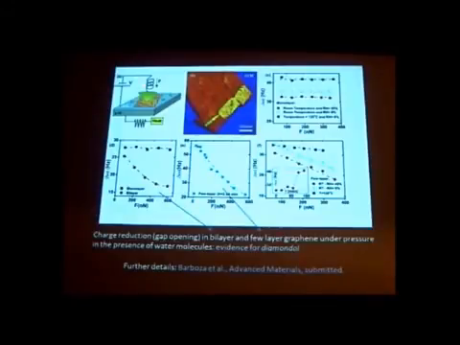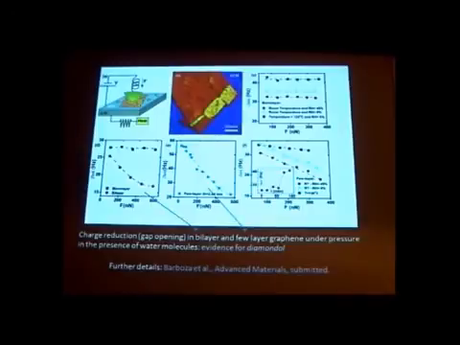We have done an experiment where we apply pressure with the AFM tip and monitor the charge. Because we're going from a metal to a semiconductor, there should be a decrease in the amount of charge we're injecting on the bilayer or on the multilayer, whereas for the monolayer it should be the same. And we think that this is some evidence, because this only happens when you have water on it. So we have some evidence for the diamondol transition.